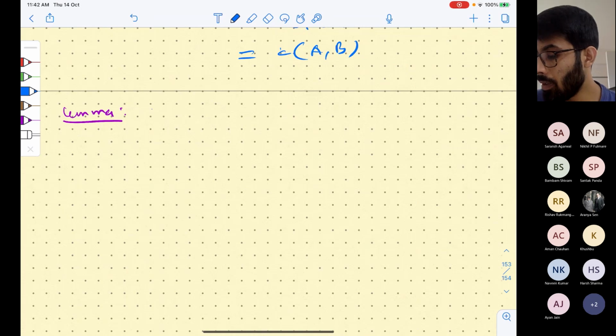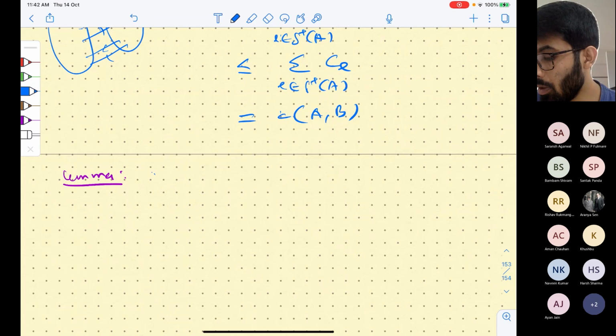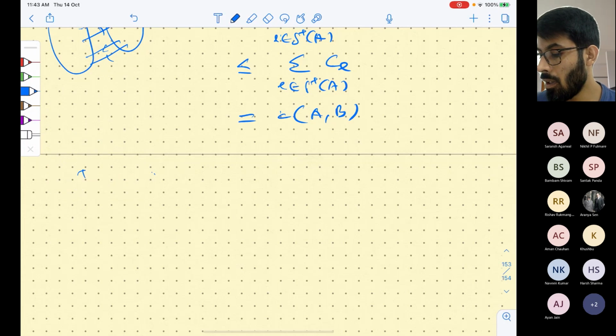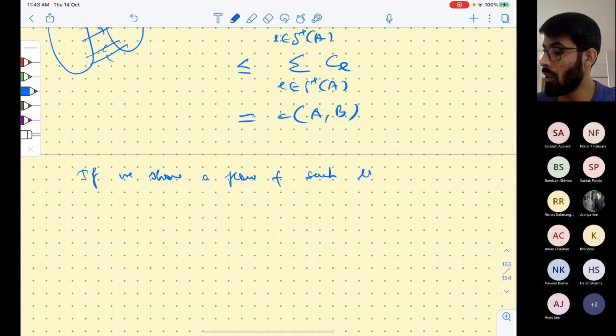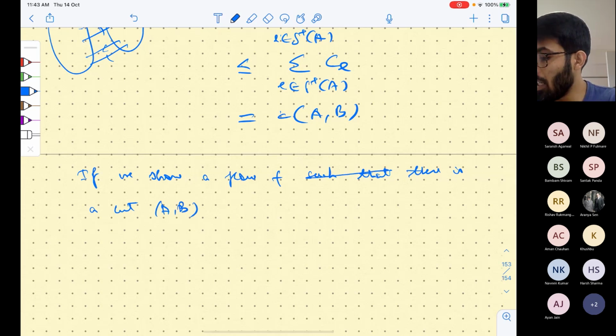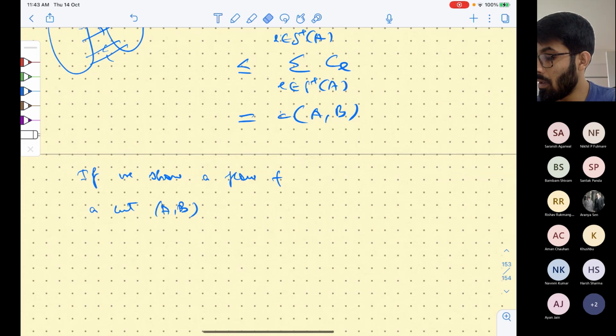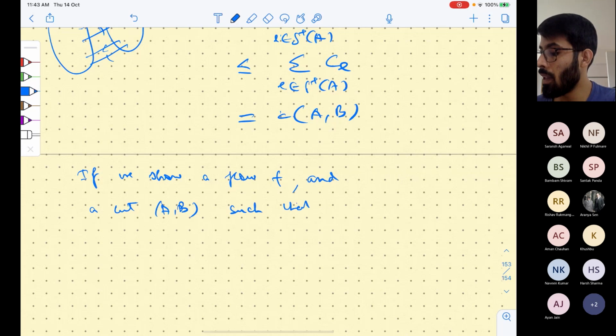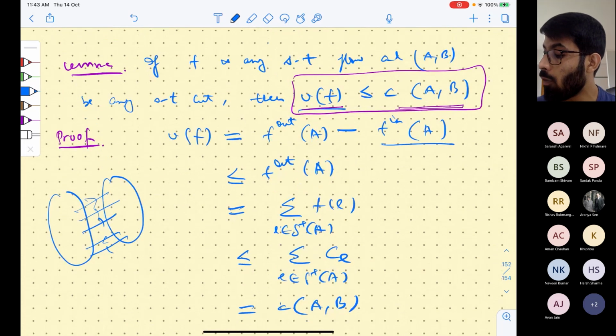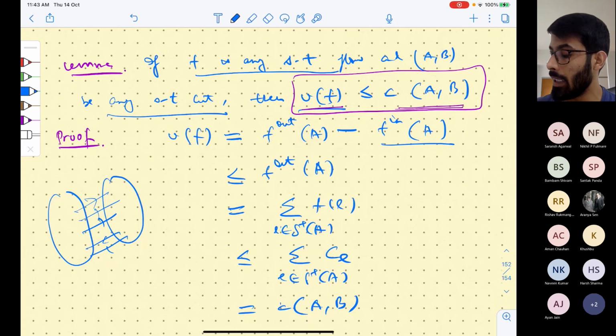And it says that if we show a flow F such that there is a cut AB, such that the value of the flow is equal to the capacity of the cut, then from this we know that for any ST flow and for any ST cut AB, the value of the flow will be less than or equal to the capacity of the cut.